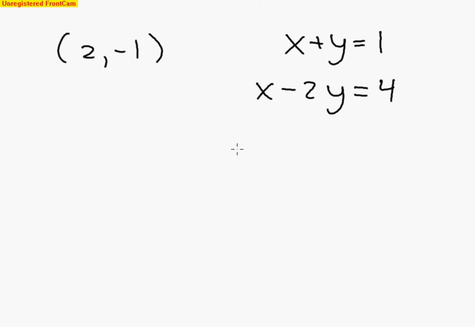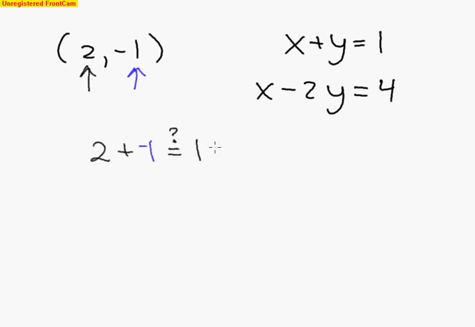We can check our solution to see if we're correct by plugging it into the equation. So instead of x, we can plug in 2, and instead of y, we can plug in negative 1. So we'll start off where we have x plus our y, which is negative 1. And we want to know, does that in fact equal 1?